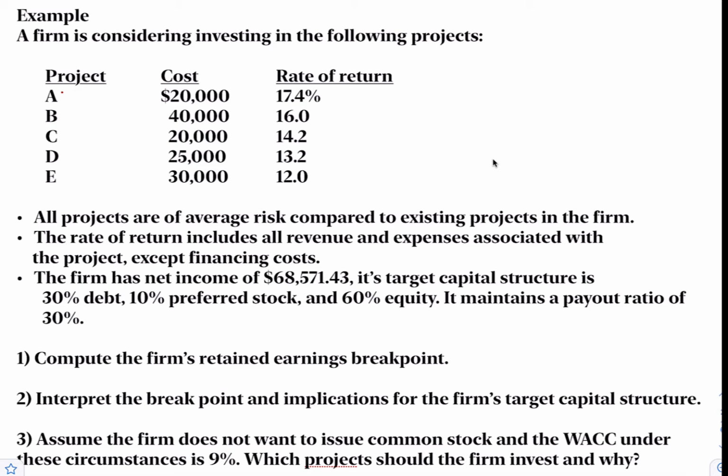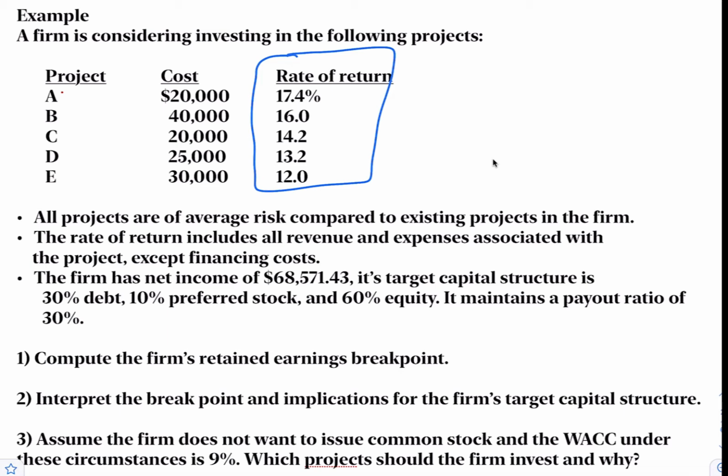Now let's continue with the rest of these footnotes. The rate of return listed includes all revenue and expenses associated with the project except financing costs. So this rate of return for each of these projects reflects all revenue of each project and all the expenses of each project, excluding the financing costs.